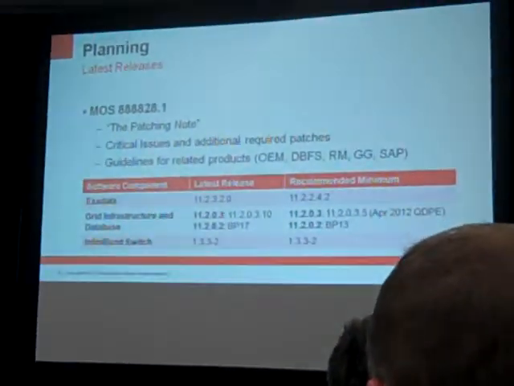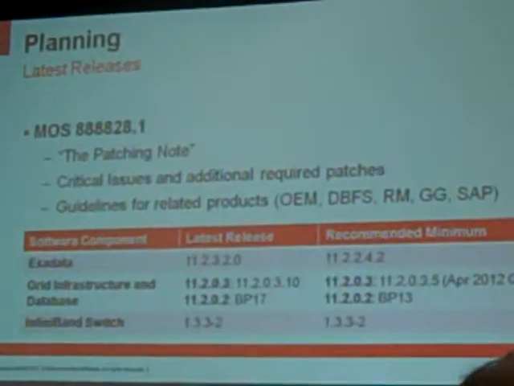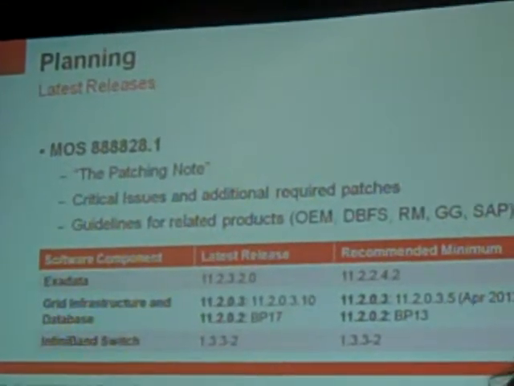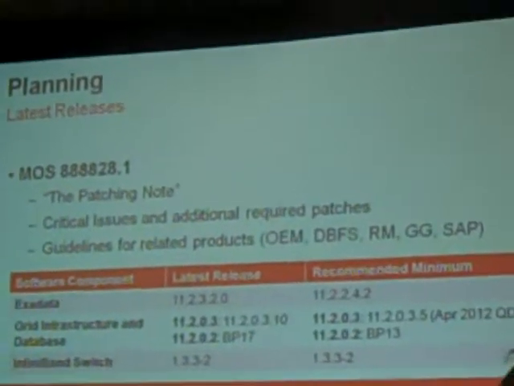You should be on 11.2.2.42 at least by now. If you're not, you should be making plans to get to 11.2.3, 11.2.3.1.1 if you're making plans, or 11.2.3.2.0. Okay, so that's the minimum version you should be on right now, 11.2.2.14. That's been out, I think, since the beginning of the year.